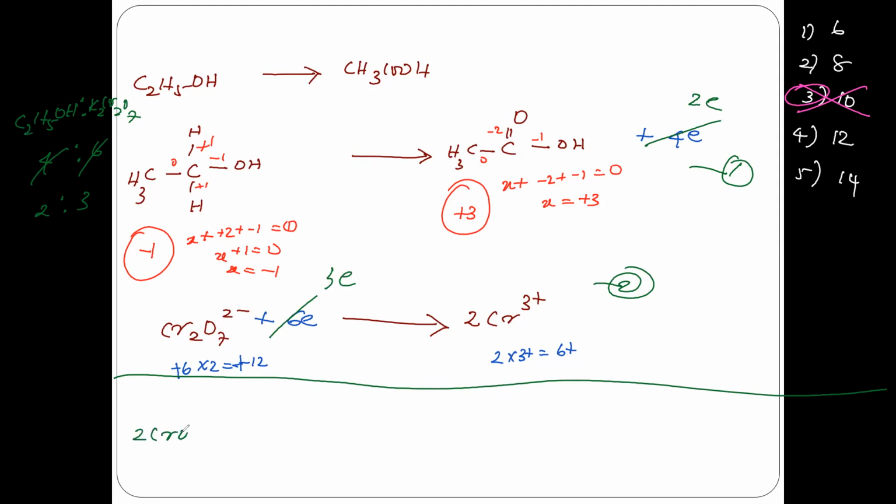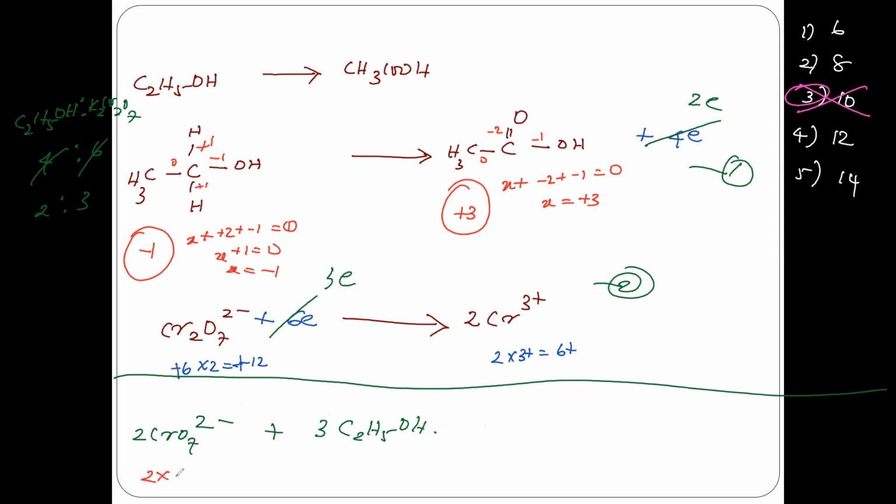2 chromate ions plus 3 C2H5OH. So now you go for the balanced equation. Now you can say your chromate has 3 electrons.